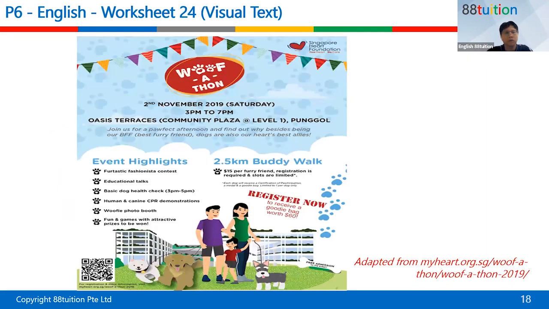Small words: join us for a perfect afternoon and find a way besides being without being dogs, right? So this is number 1, number 2, number 3, and number 4. This is question 4. Okay, I stop for a while. You okay with that?